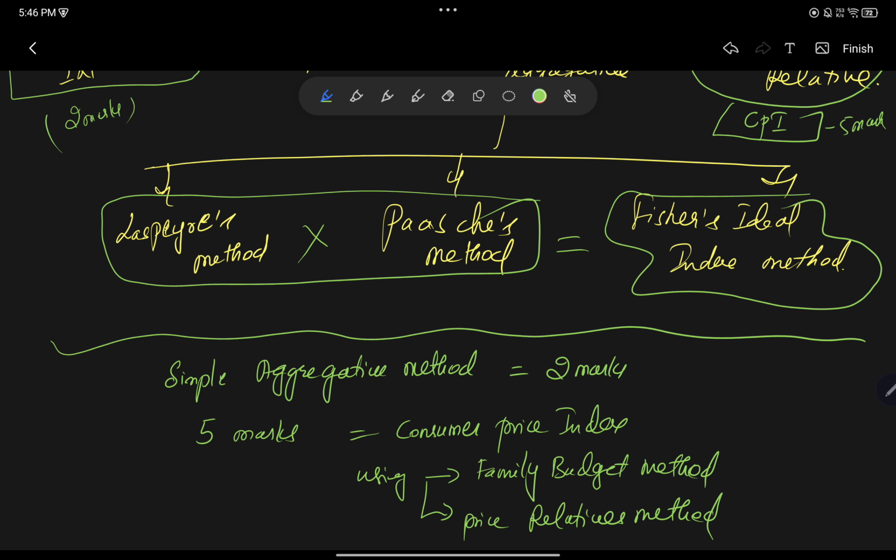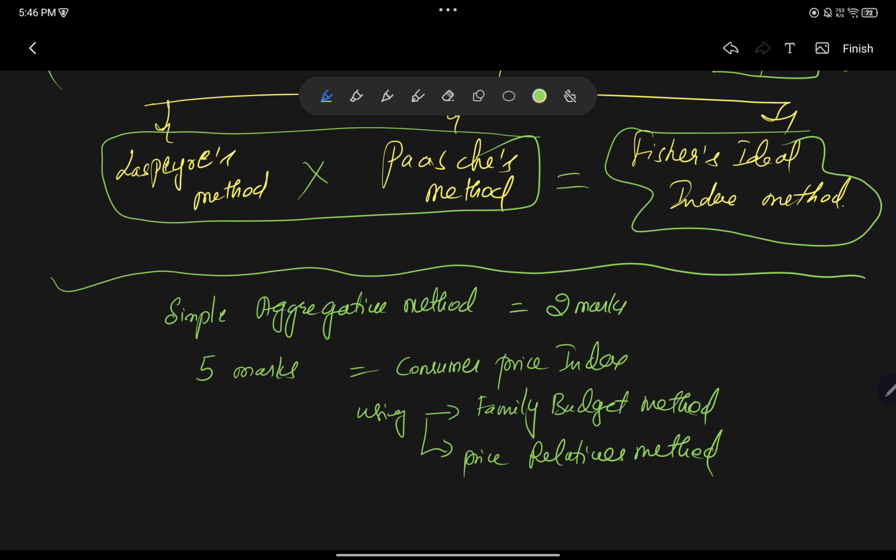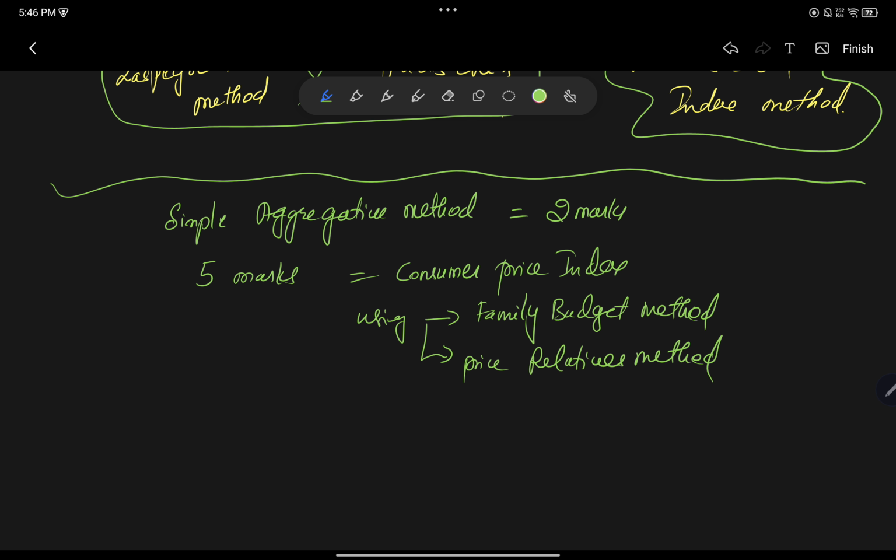The weighted relative method itself is a price relative method. These two I will explain in one particular video.